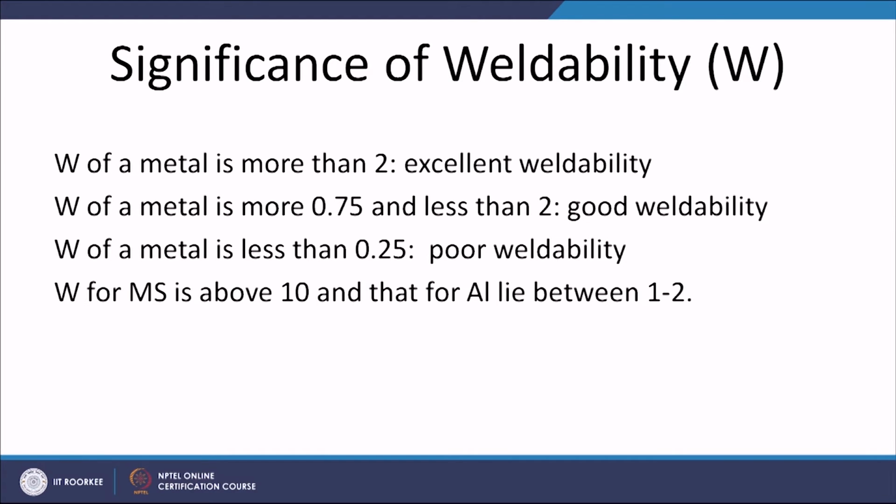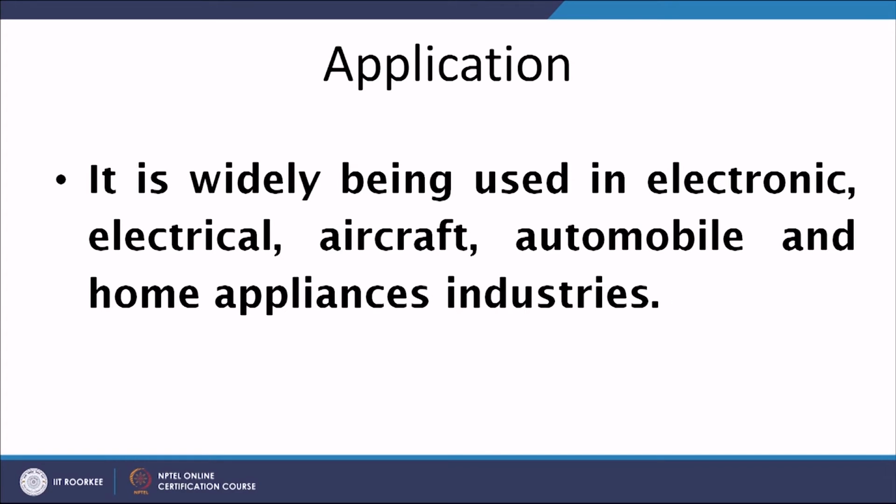Here you will see that for mild steel the W comes out to be 10, which is considered very good weldability by spot welding, while the weldability for aluminum comes out to be between 1 and 2. Now we will see the application of spot welding, mainly in the fields of electronics, electrical contacts, aircraft, automobiles, and home appliances.